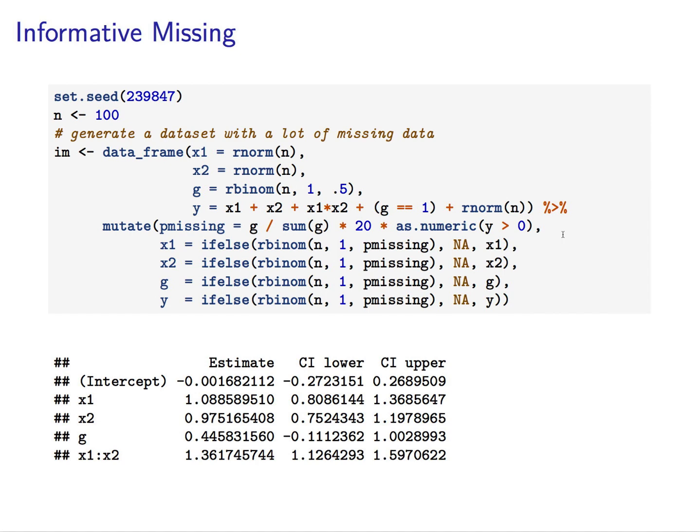Here we enter the realm of informative missingness. When we run our model, we can clearly see that the coefficient for G is much lower than it should be. And the confidence interval includes the value 0, which means we've lost statistical significance for that result as well. The rest of the coefficients seem to be fairly unchanged.